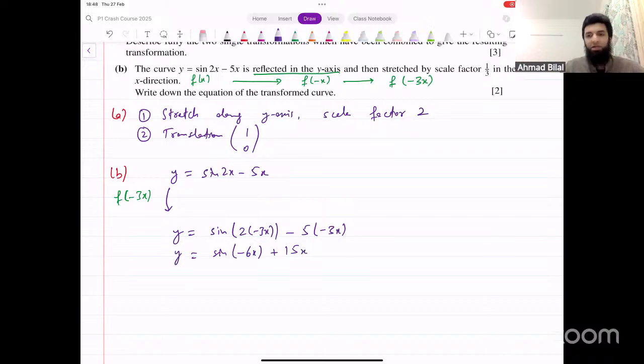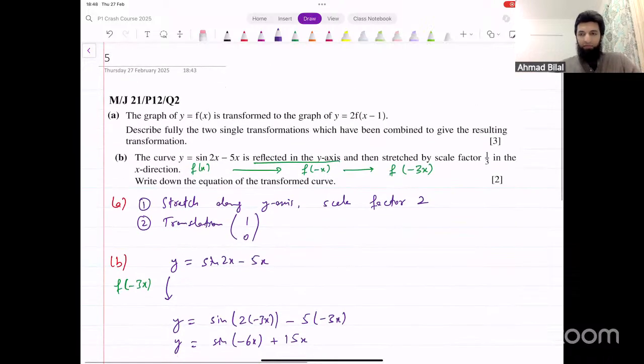And that's the function that we were looking for. This is the transformed curve. Sine of minus 6x plus 15x. Is that all right? Make sense? That was question number 5 from the worksheet.